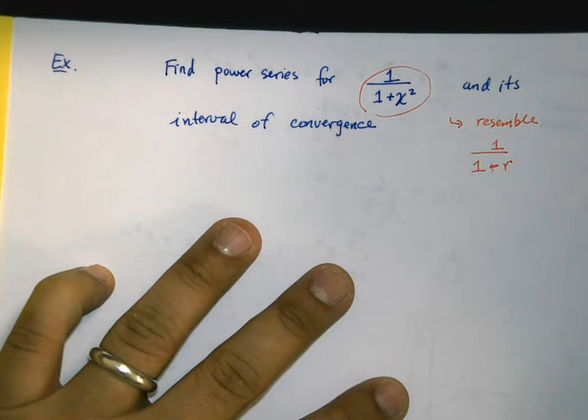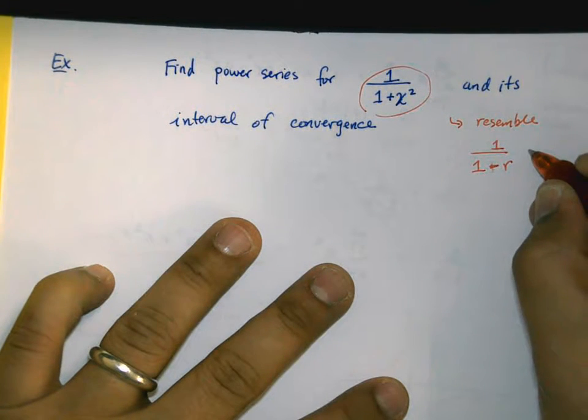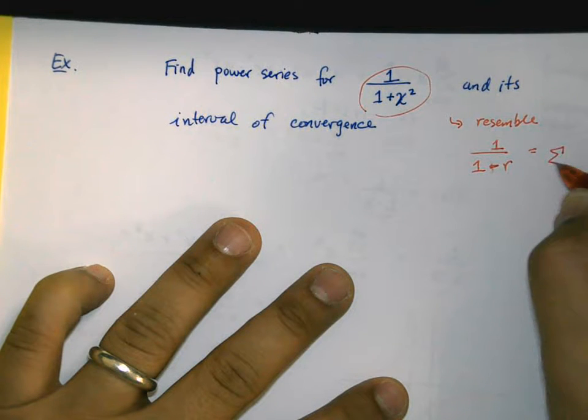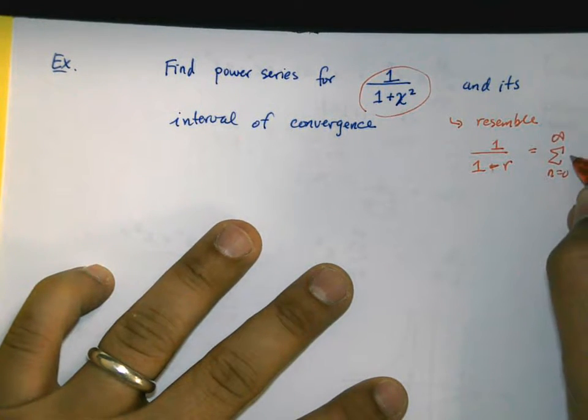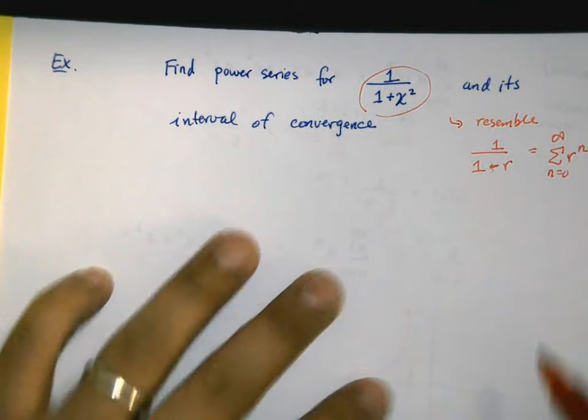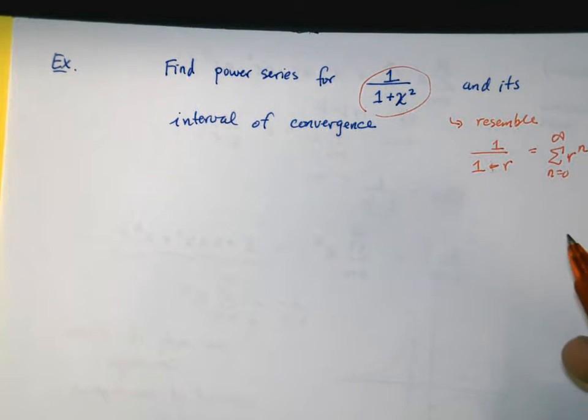Because if we can do that, then we know for a fact that this must be equal to the summation of n equals 0 to infinity of a, which is the first term, which is just 1, r to the nth. So we want to get this to resemble that somehow.